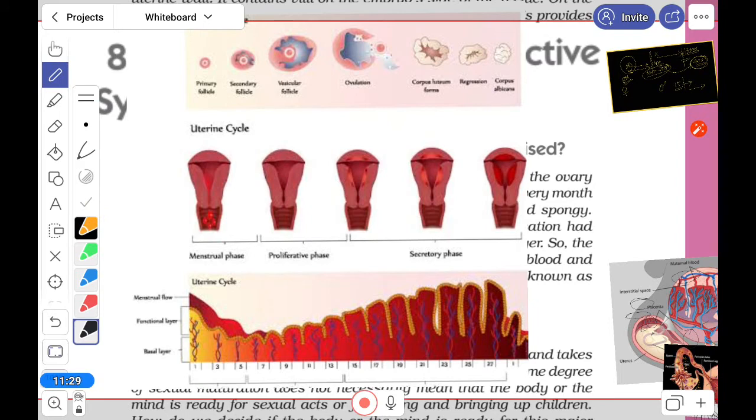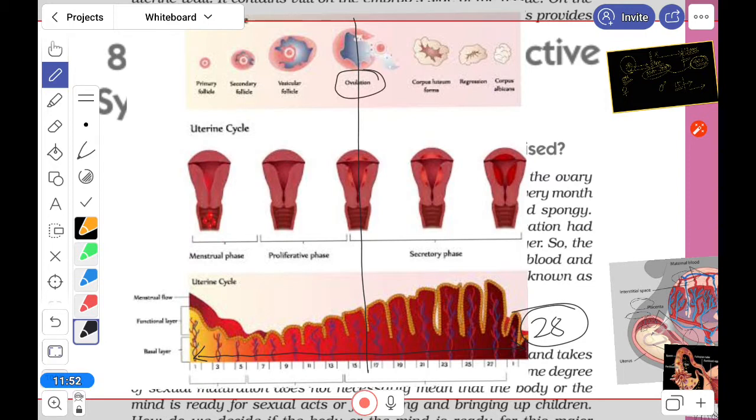First you have to understand that this is the reproductive cycle or menstrual cycle in females. You know that a total is 28 days. In the middle of it, this is the ovulation.